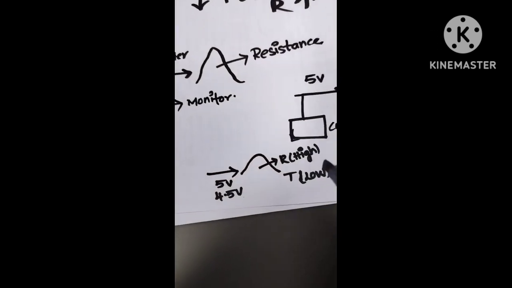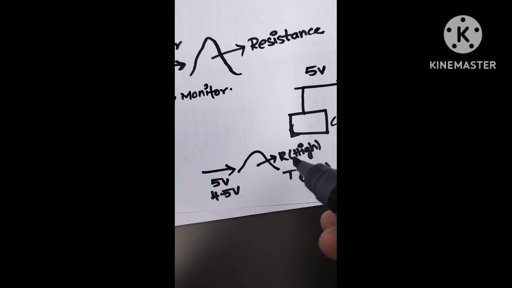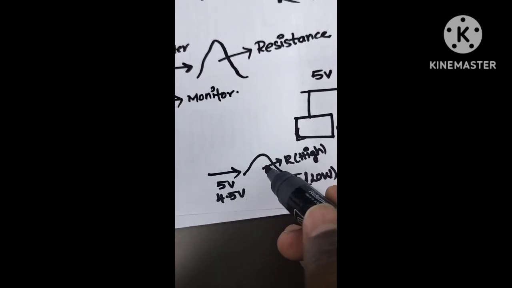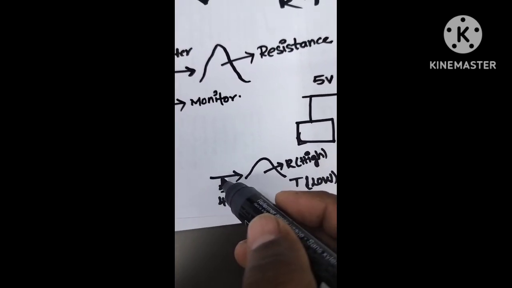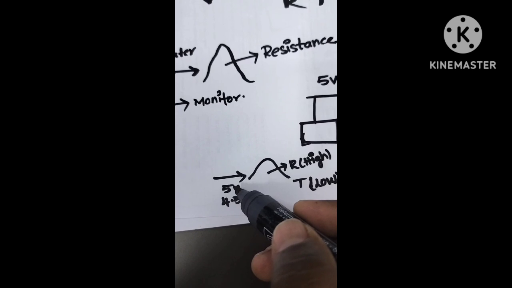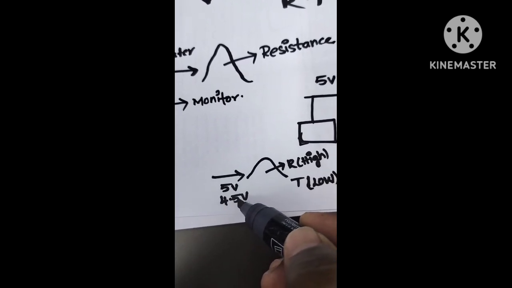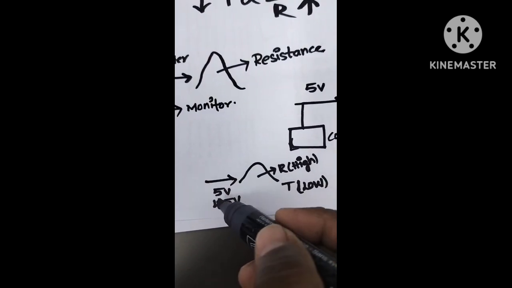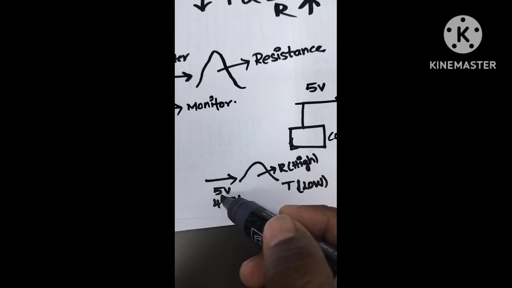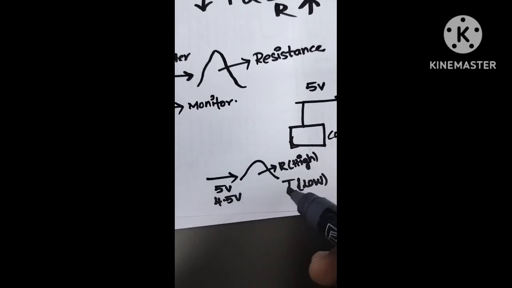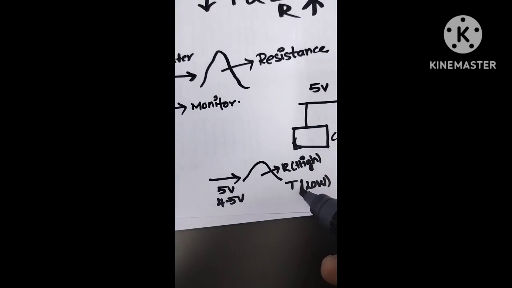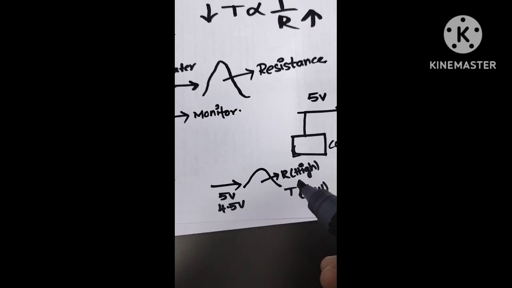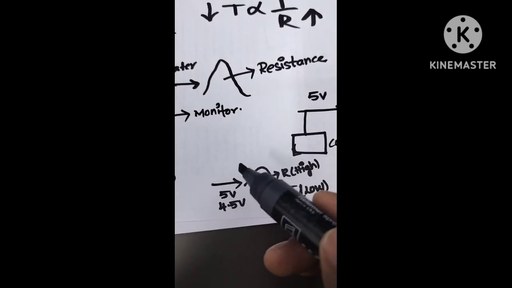Suppose the resistance is high, then definitely there is no flow. The 5 volt remains at 5 volt, or 4.5 volt. This indicates that the temperature is low, and by this it initiates the error code.